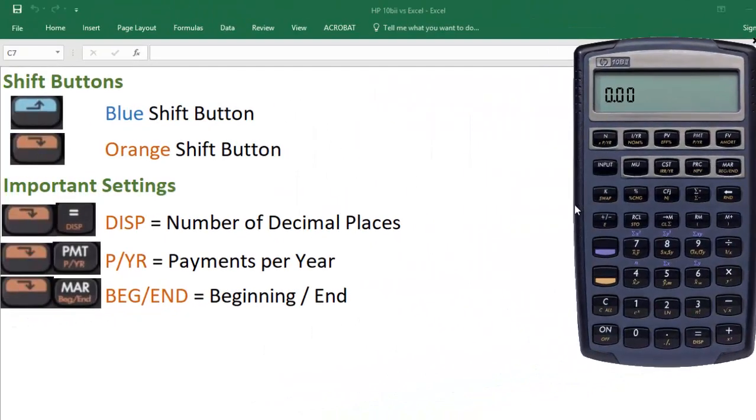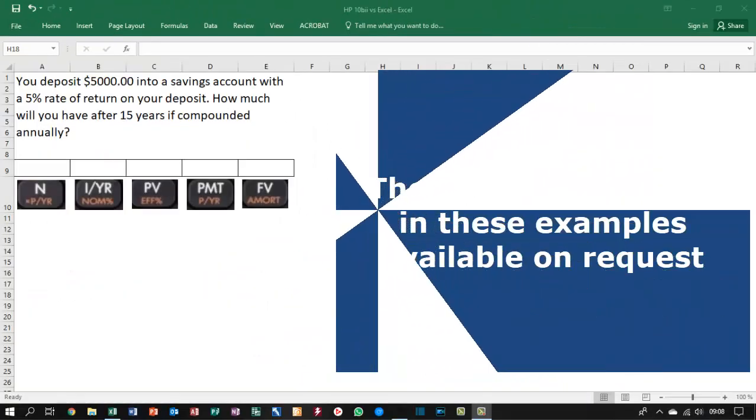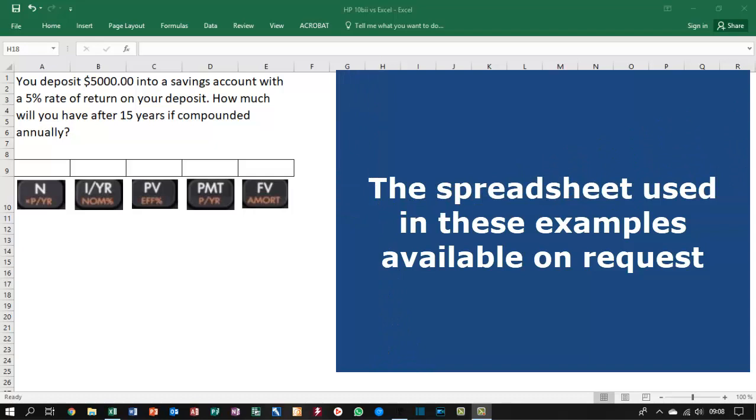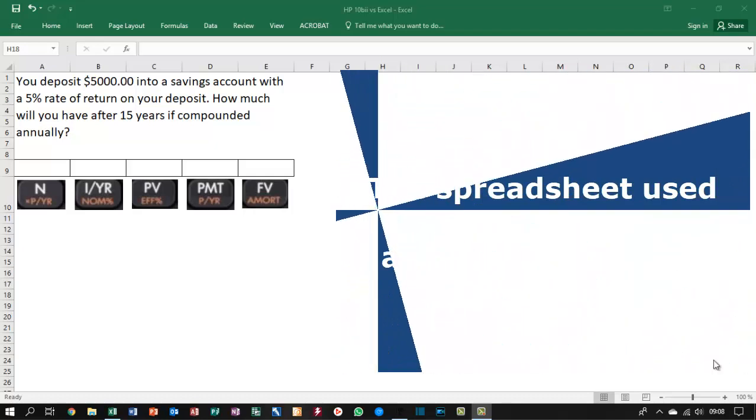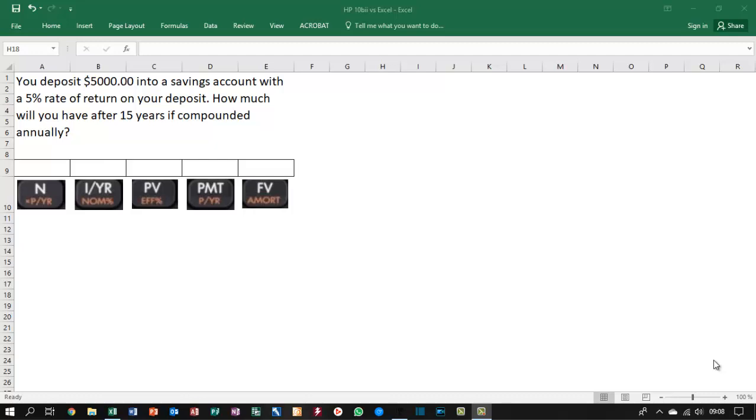Let us look at a few examples. Because this is a cash flow formula in Excel, and also because we are using cash flow on the calculator, the signs that you use, your plus or your minus, are very important.